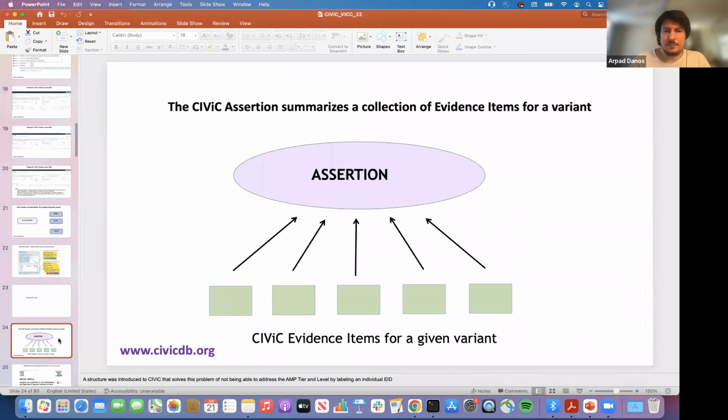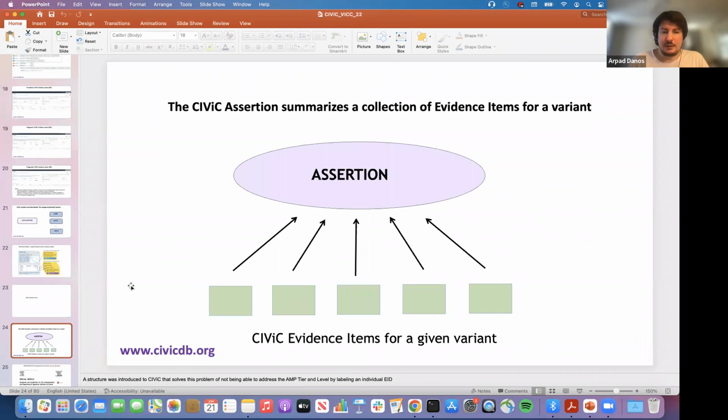So I'd like to talk then briefly about the other main part of our data model, the assertions. The CIViC assertion is a mechanism for summarizing a collection of evidence items for a given variant.